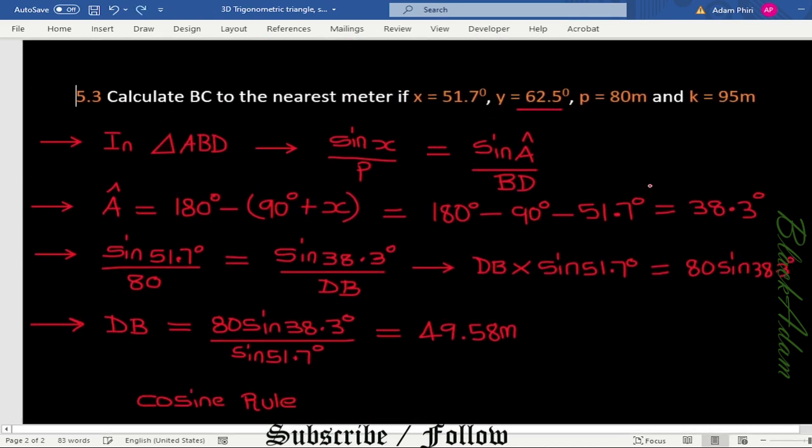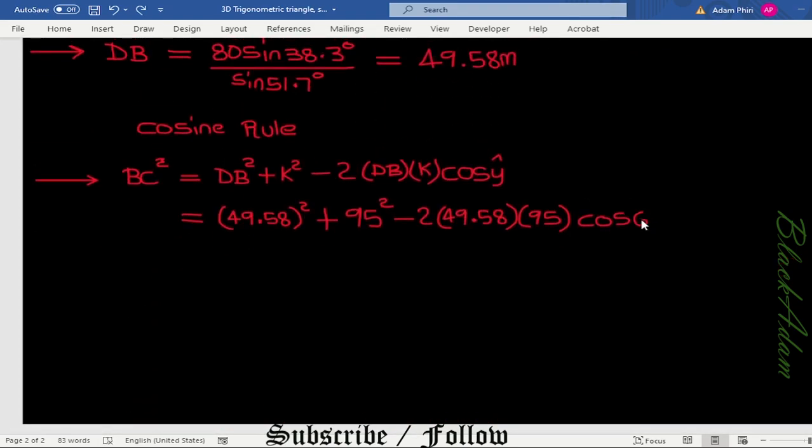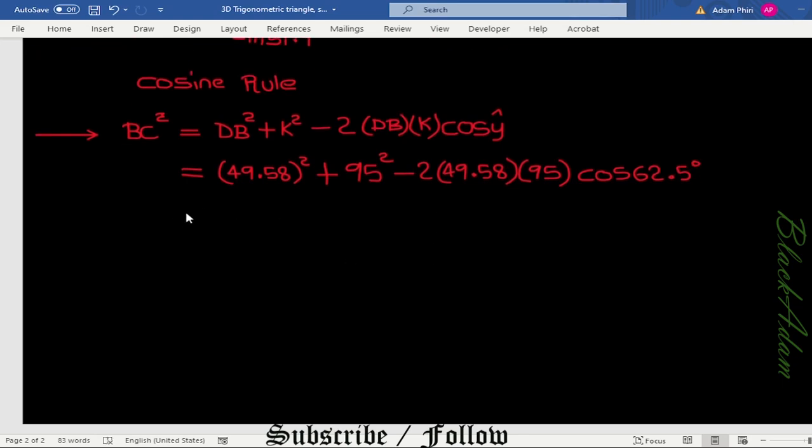Y is 62.5 degrees. Then from there we have 49.58 squared plus 95 squared will give us 11,483.18, and that 2 times 49.58 times 95 times cos 62.5 gives us 4349.76.